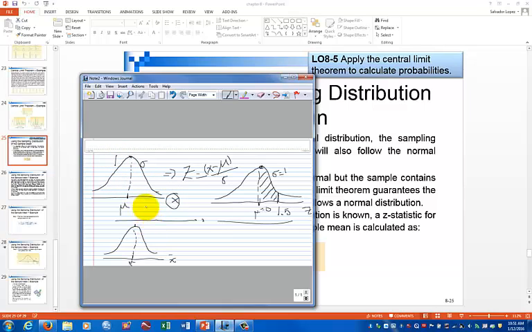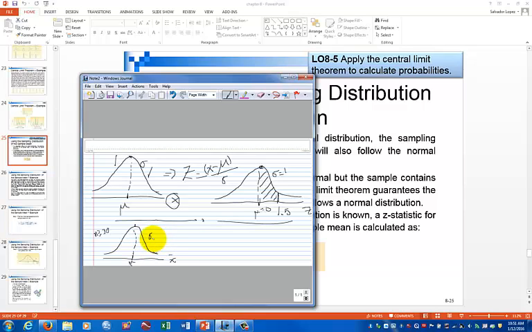Second, the population shape may not be known or is not normal, but the size of the sample is at least equal to 30. So we sample at least 30 individuals or items, and then we repeat sampling many times. We will get this normal distribution, and we don't care what the population distribution looks like. We will always get a normal distribution.